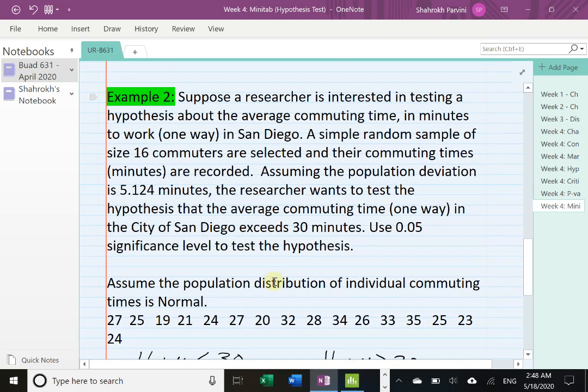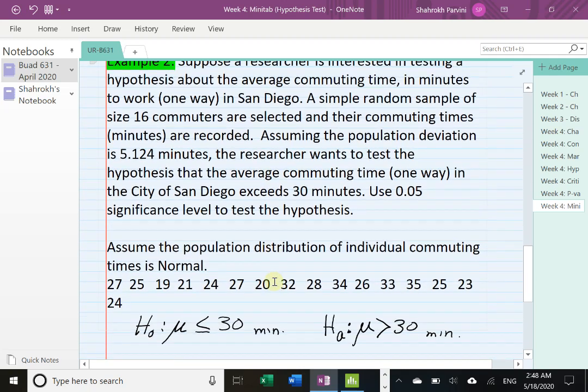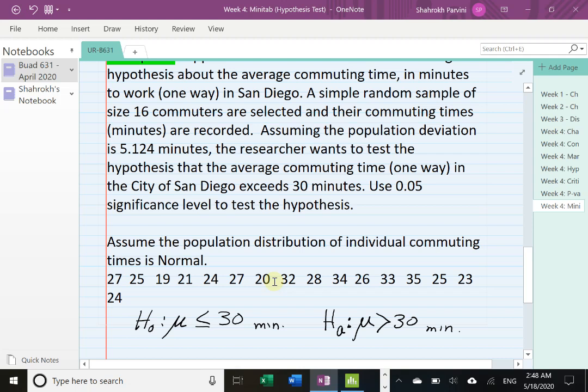So with this one, we actually had data. Now here's the statement of the hypothesis. We want to actually test the hypothesis that, let me choose this one. See, this is the alternative. Here we are interested in knowing whether the average time exceeds 30 minutes.